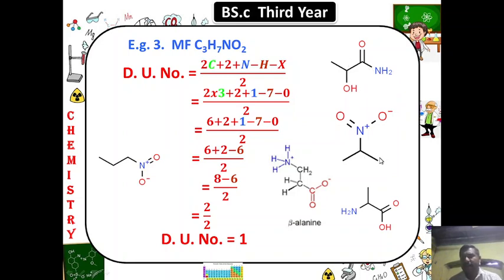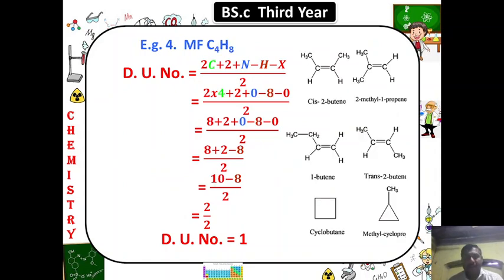In this compound the protons are the same, so only 2 signals arise. In this molecule 3 signals arise, and in this one also 3 signals. This means the number of sets of protons is 3, here 4, and here 2. From the H1 NMR spectrum we predict which molecule it is.